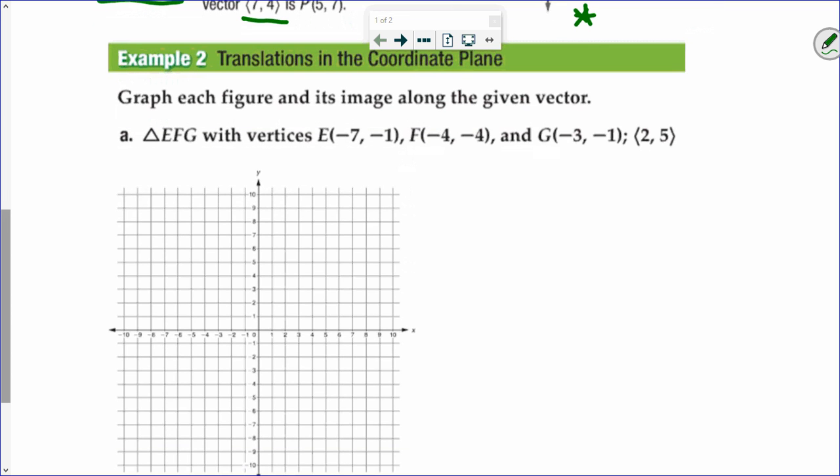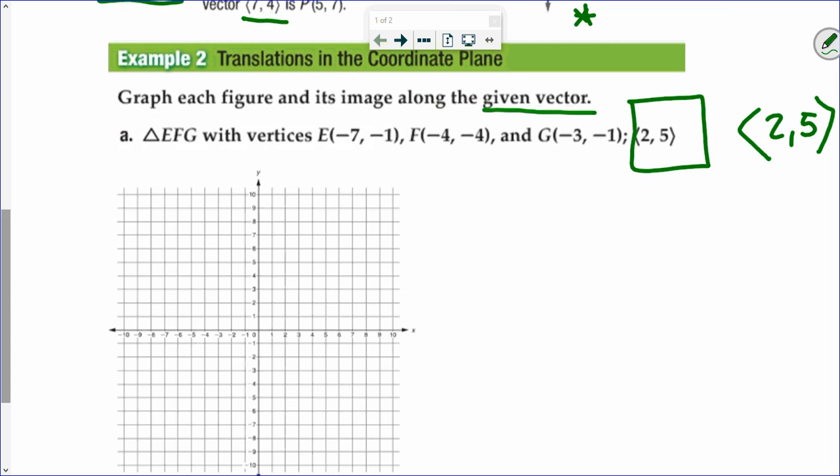All right, we're going to see an example. Graph each figure and its image along the given vector. The vector that we're going to translate along here is <2, 5>. So add 2 to the x values and 5 to the y values.